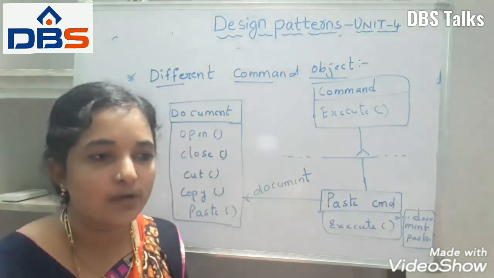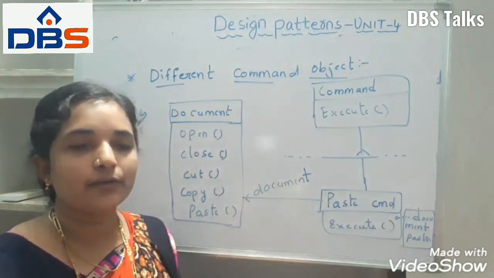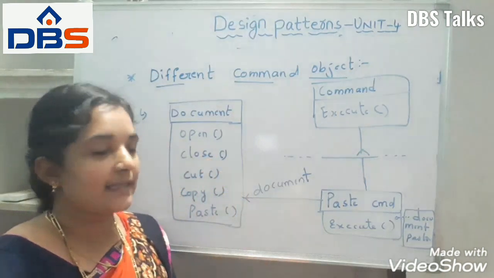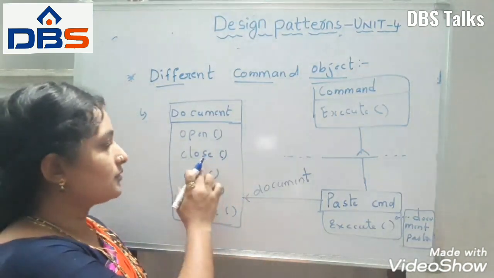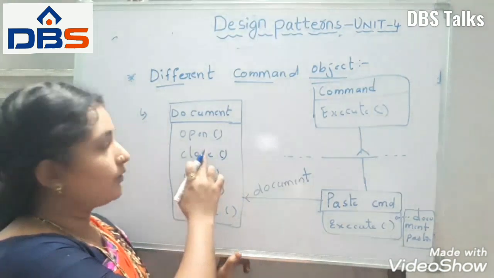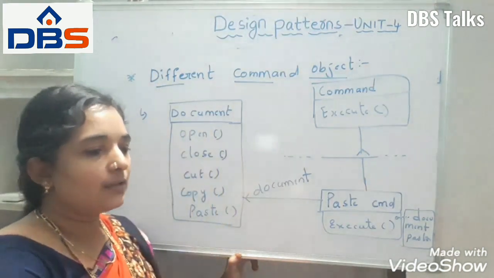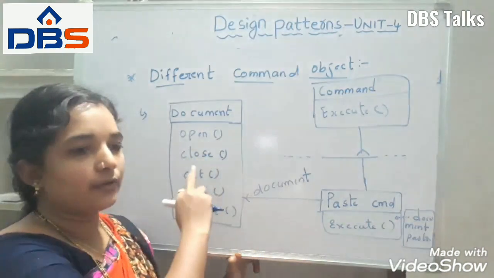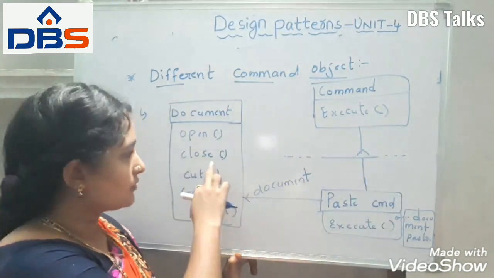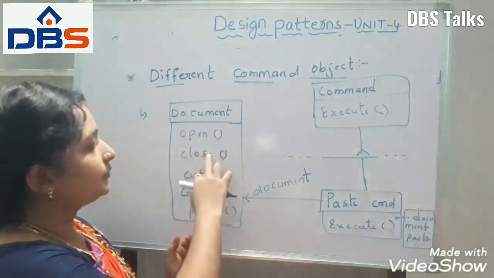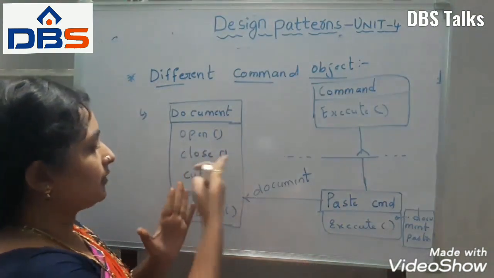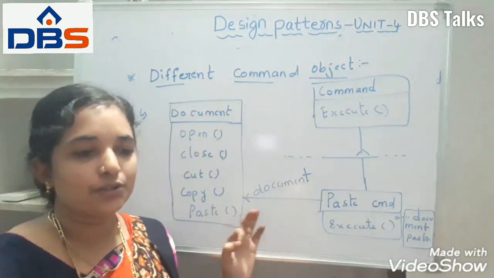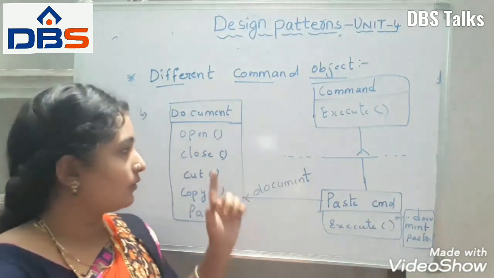The object can perform the close operation through the document object method. It has an execute method, which means the close request will be given to the document object method, and the execute method calls the document object to close the document.